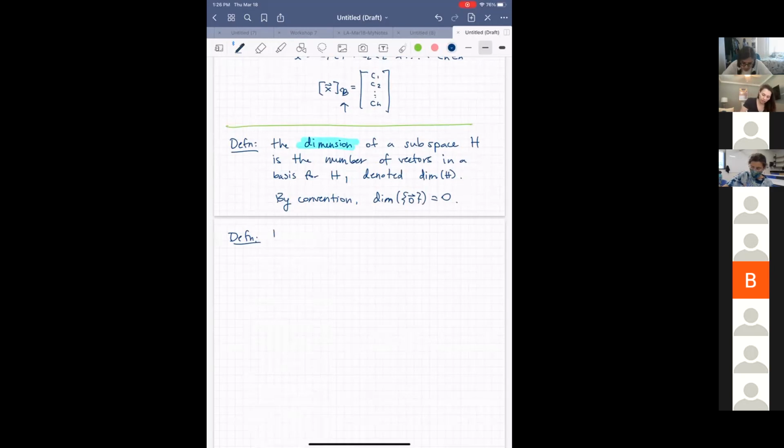So the rank of a matrix A refers to the dimension of the column space of A, and it is denoted rank of A, like that.